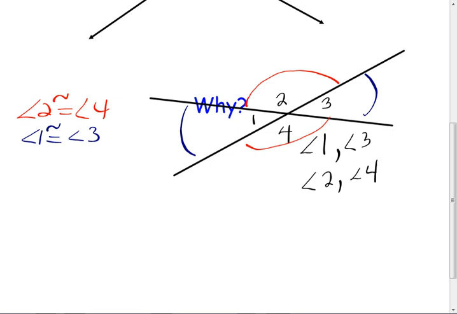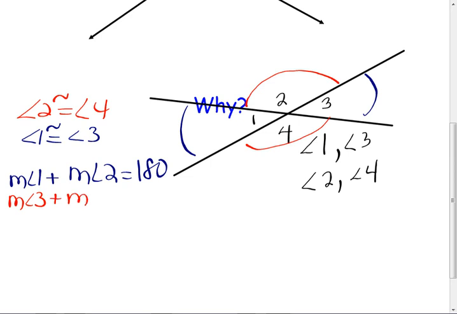What's going to be true about the measure of angle 1 plus 2? 180. Then I have another equation: 1 plus 2 is 180. What about 2 plus 3? That's 180 because it makes a straight angle, it's a linear pair.